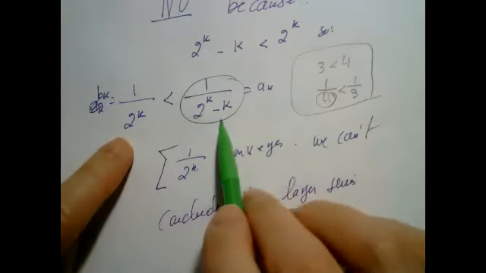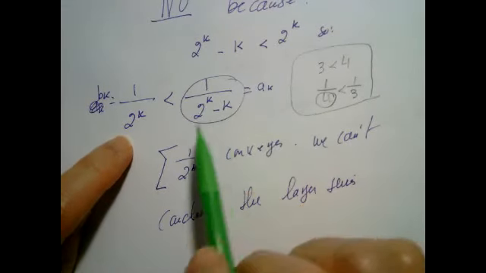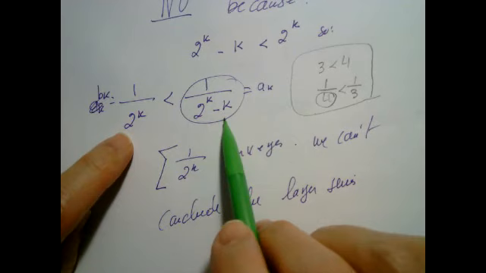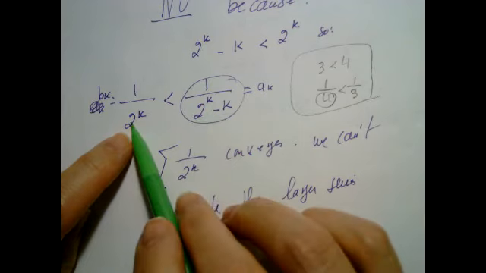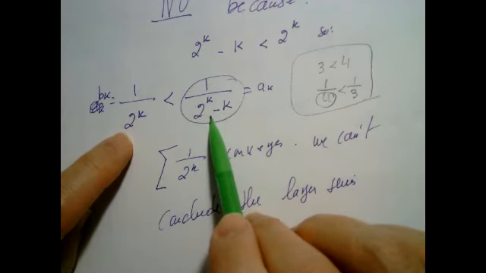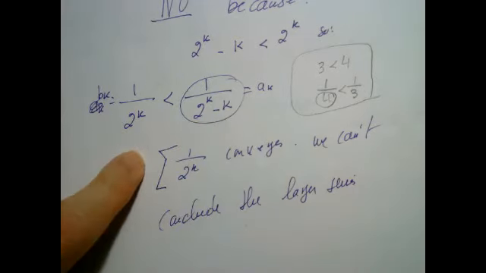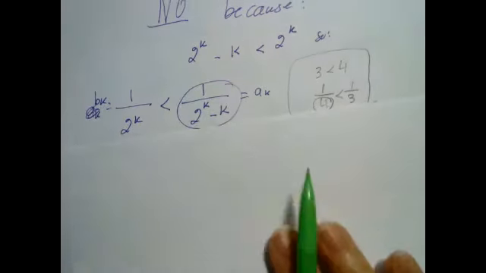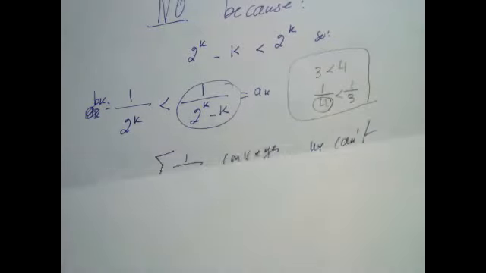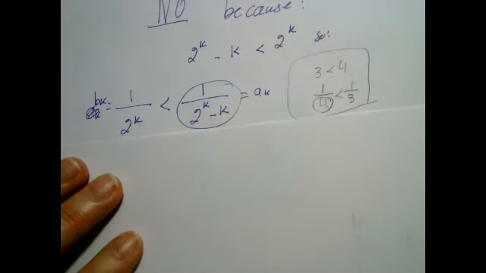Which is larger here, 2^k or 2^k minus k? I will plug in numbers in a minute, but I want your answer. Which is larger, this or that? Just 2^k. Yeah, because, let's plug in numbers. Suppose I take k equal to 2.